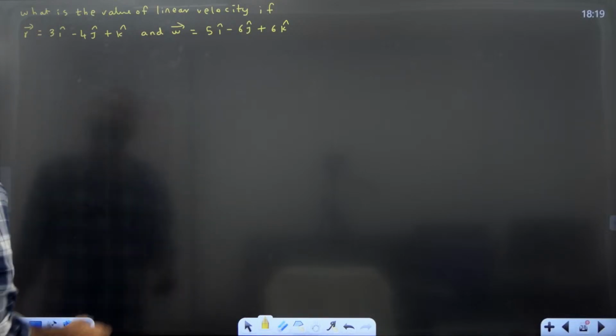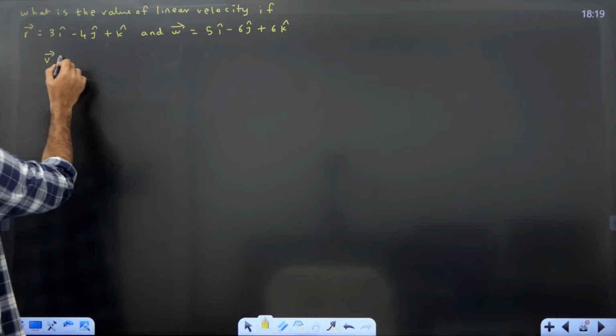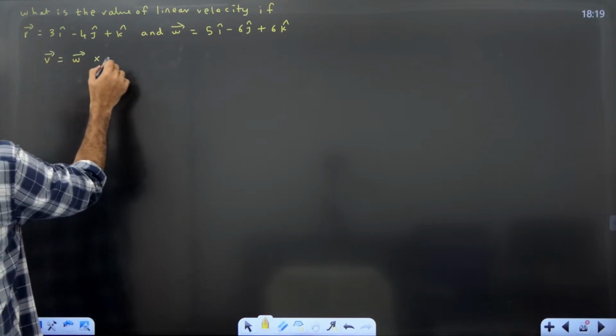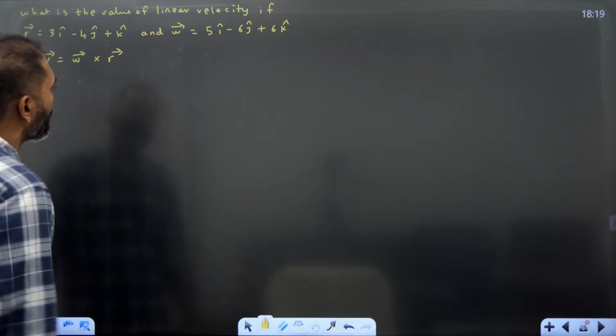What is the relation connecting them? V vector is equal to omega vector cross r vector. That means you have to find out cross product.